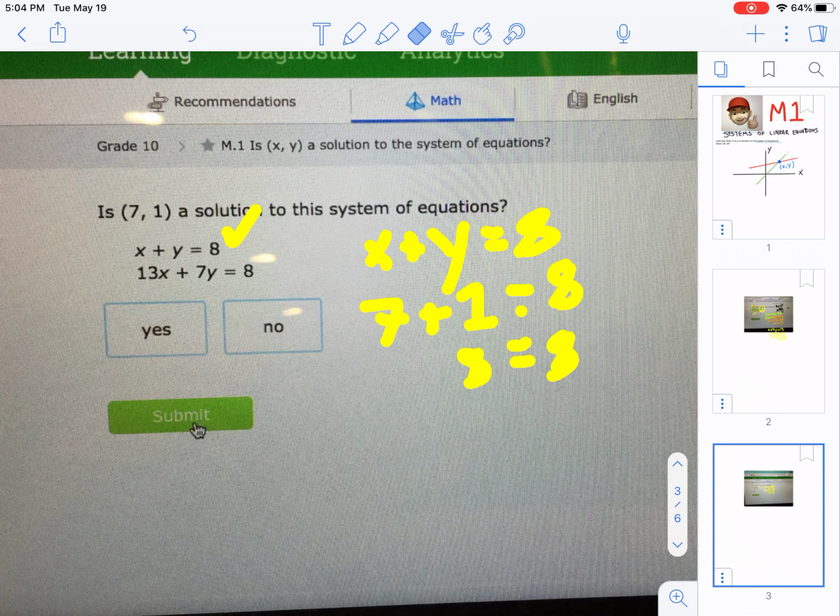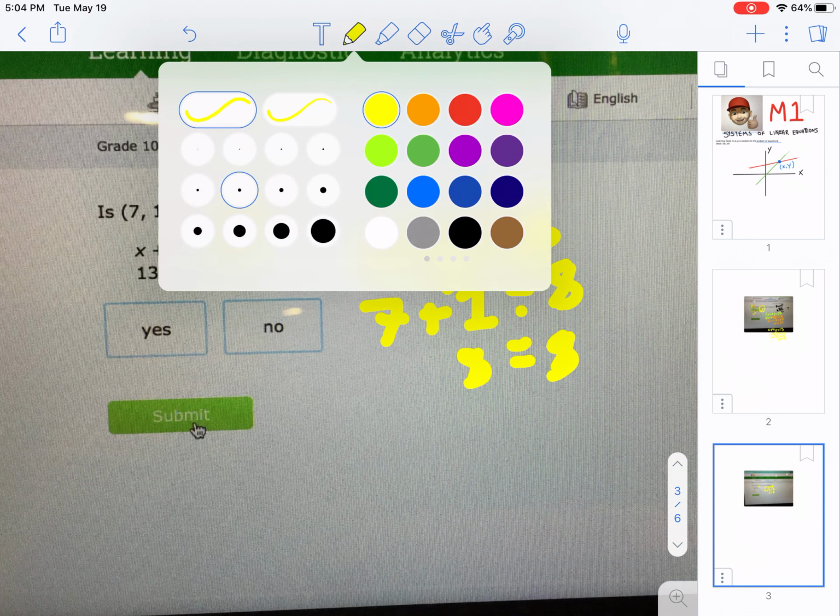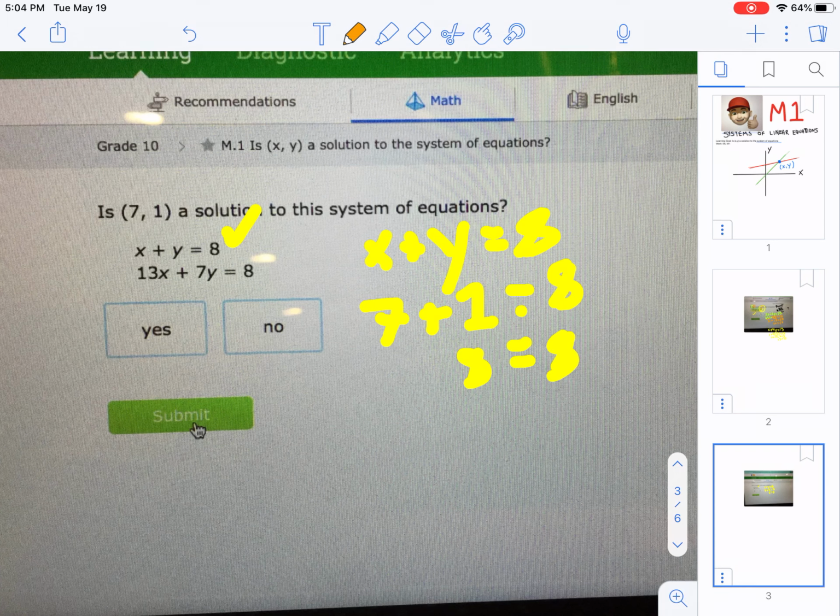Now let's check out the second line. Okay, we're going to investigate the second line here. So it's 13x plus 7y equals 8. Now we have to put our point into those values. So it'll be 13 times 7 plus 7 times 1 equals 8.